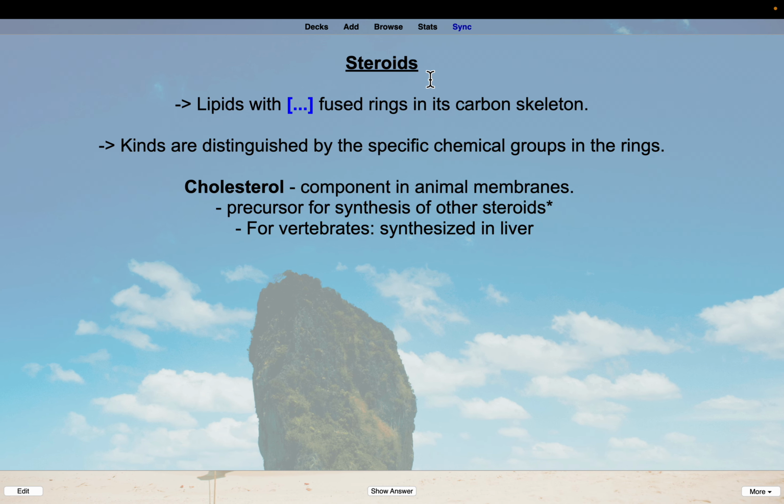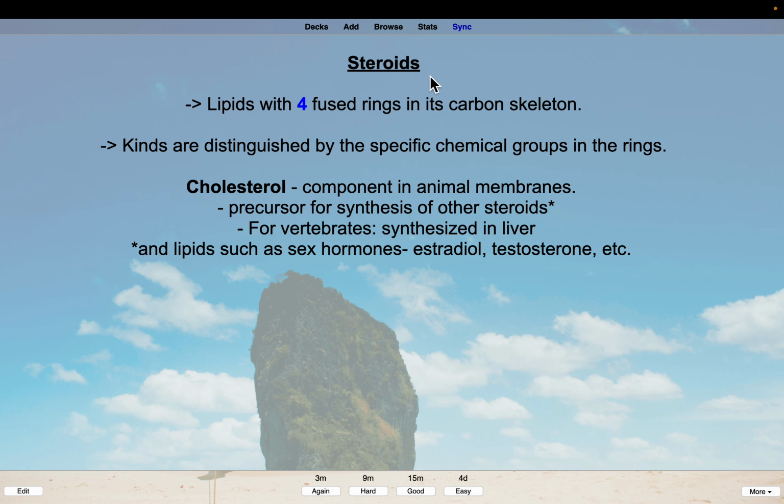Okay. Steroids. Lipids with 4 fused rings in its carbon skeleton. So again, like what I said earlier, 3 types of lipids under it. We have fats, phospholipids, and steroids. Steroids is number 3, the third type. So kinds are distinguished by the specific chemical groups in the rings. We have cholesterol. Cholesterol is under steroids. This is a component in animal membranes.